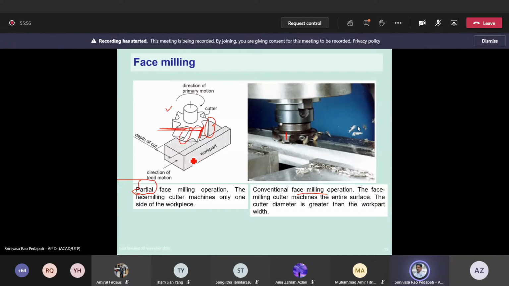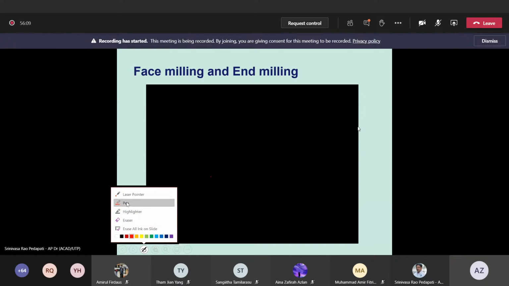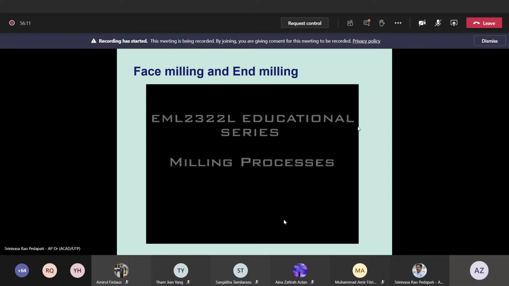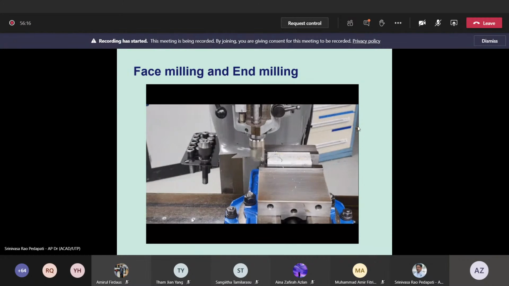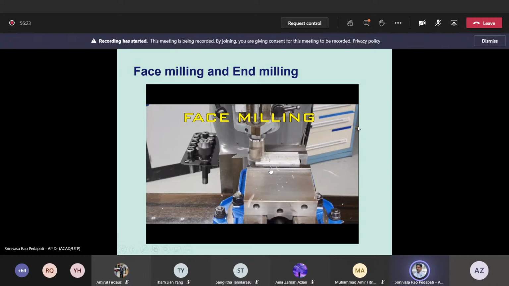It means the edges are also cutting in this face. Whereas in the case of end milling here, this is pure face milling, no controversy, nothing, because the face of the tool is only having the cutting teeth.